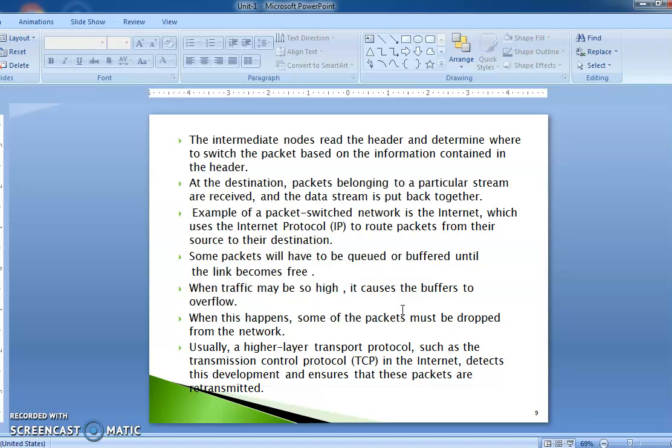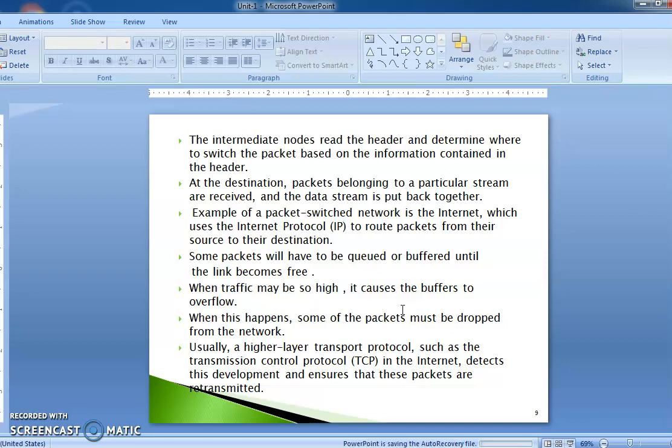An example of a packet switched network is the internet. The internet uses a protocol known as Internet Protocol to route the packets from the source to their destination. Sometimes packets are queued or buffered, that is stored until the link becomes free. It implies that the link is already occupied and is not available for newly incoming packets.